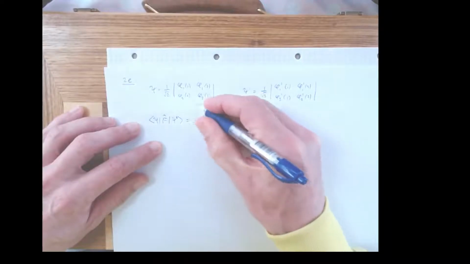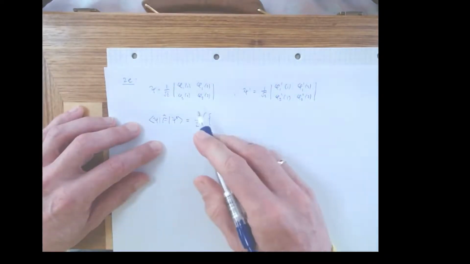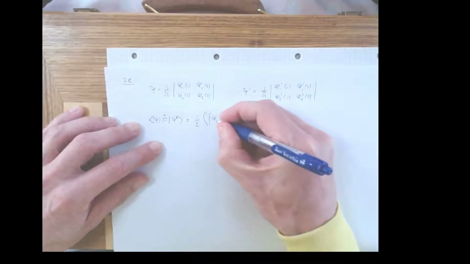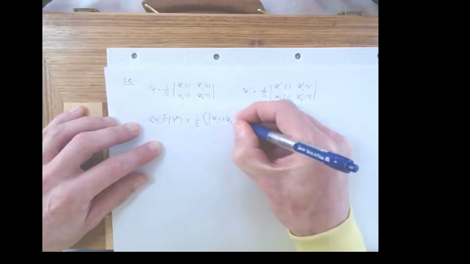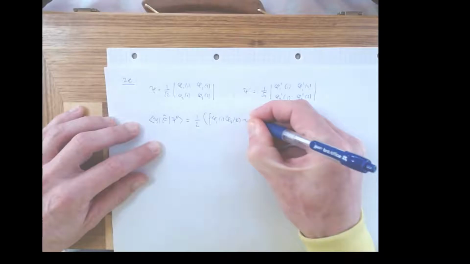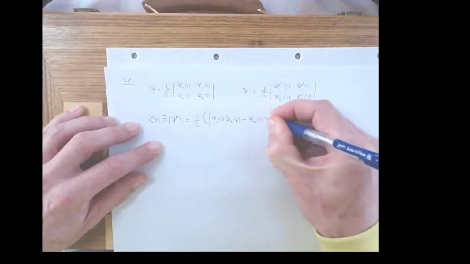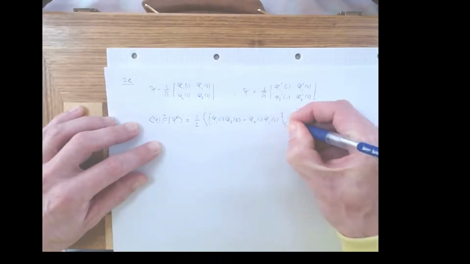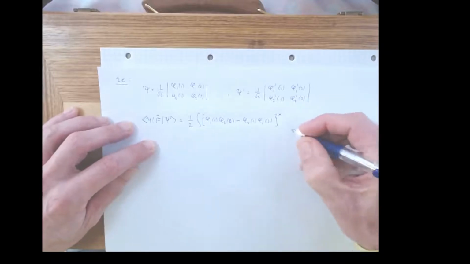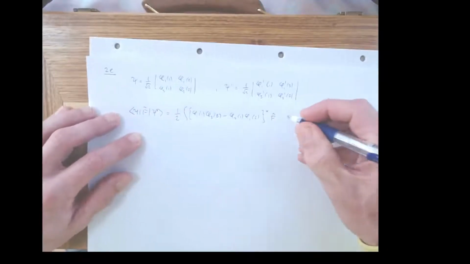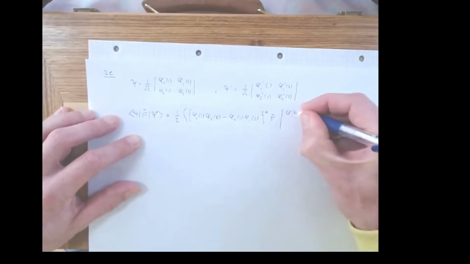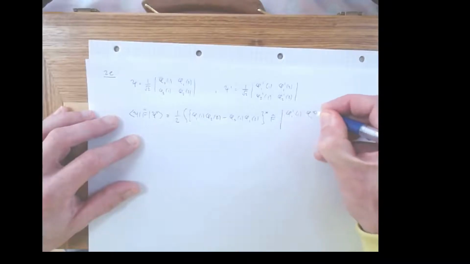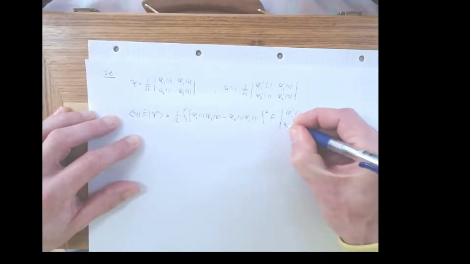Then I get the first Slater determinant, which I will expand here. So I get phi 1(1) phi 2(2) minus phi 2(1) phi 1(2) here. All of this conjugate, and then my operator, and then the other determinant, which I will keep in its matrix form here.